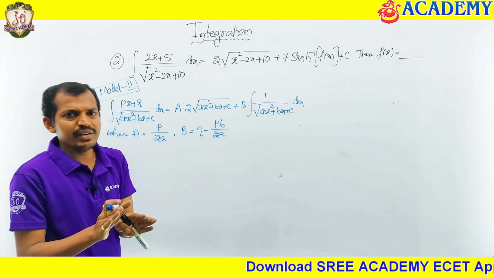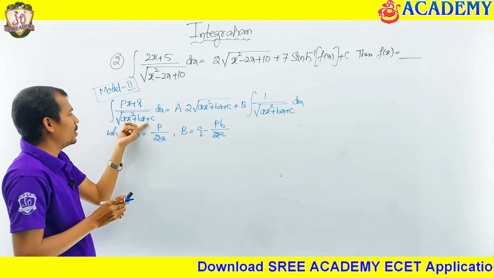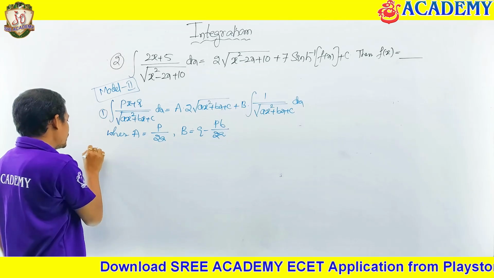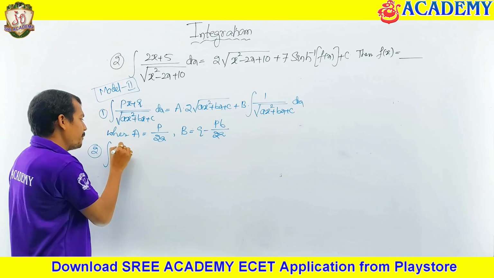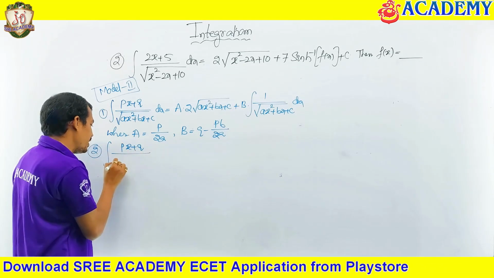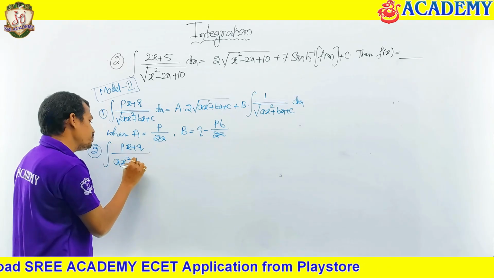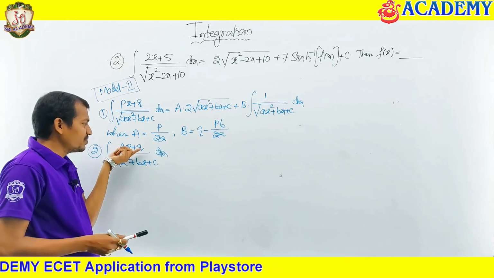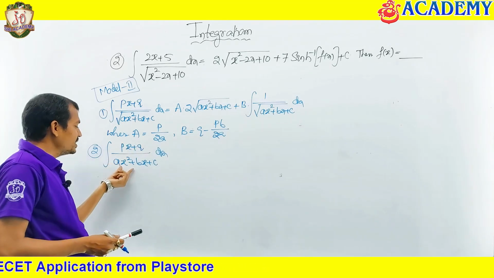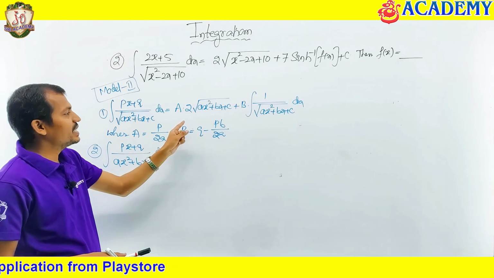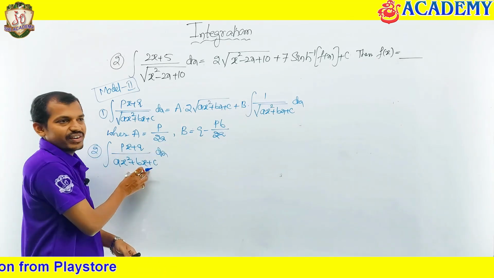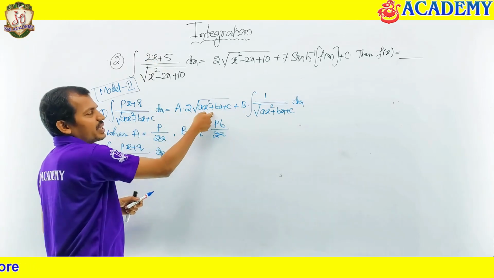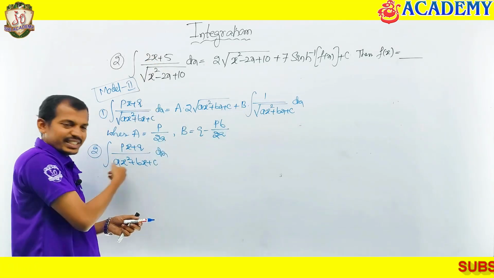And here I am giving the other form also. Suppose the question is integral of px plus q divided by ax square plus bx plus c. Indirectly we are converting this numerator into a function plus this function's derivative form. With that, indirectly, 1 by root x integrates to 2 root x, and 1 by x integrates to log x.